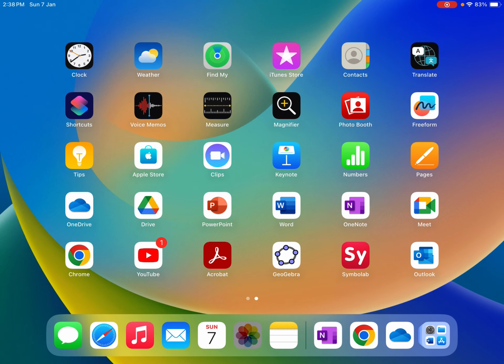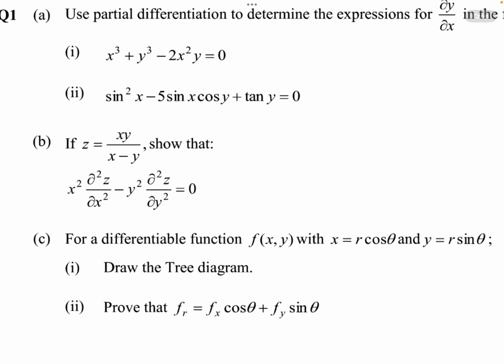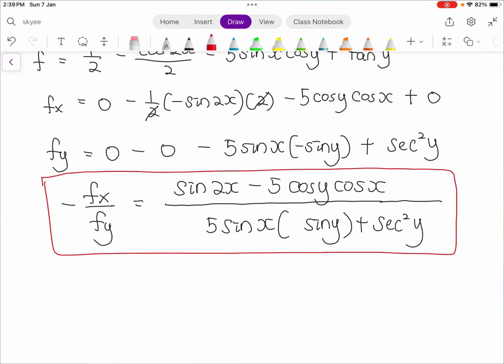Next, we look at question B. Question B is telling us that if z equals xy over x minus y, we have to show that x squared del squared z over del x squared minus y squared del squared z over del y squared equals 0.